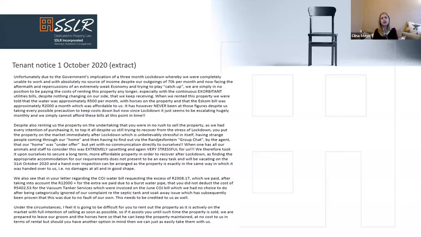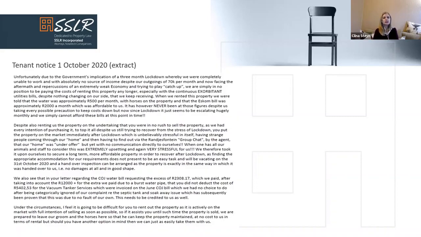It's really stressful. We don't have the money. And then, at the end, you can see they start sort of raising a few issues. So they are saying things like, we already saw that there was an increase in the COJ account, in the utility account.